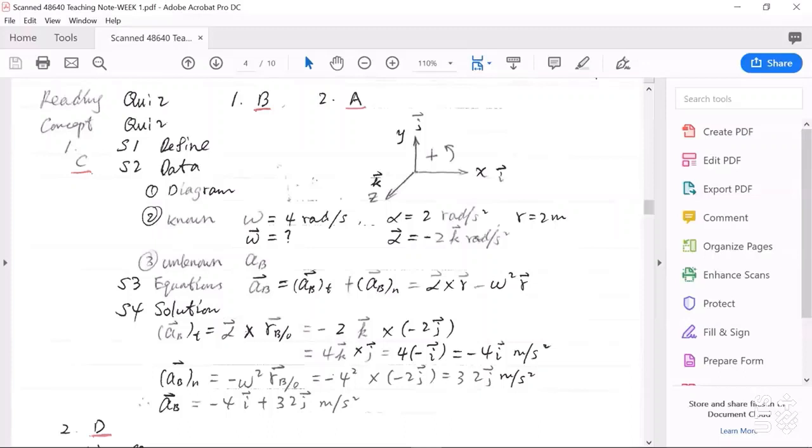And here, I define the positive rotation direction as counterclockwise. If the positive rotation direction is counterclockwise, then using the right hand rule, the positive direction of Z will be outward. And of course, you can define your positive rotation direction as clockwise.